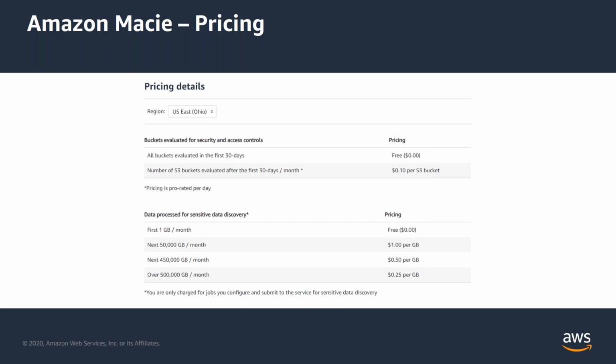Some of the other benefits that we provided with regards to visibility of pricing and controlling the pricing are things like a usage tab in the service that provides full visibility into which accounts are in the trial, which accounts are past trial, and also visibility into the cost estimation of what would be the approximate bill for the service with regards to both inventory evaluation as well as sensitive data discovery at any given point of time in the month. So customers can navigate to that and have full visibility for all the accounts where the service is enabled and how much will be the charge for the service.